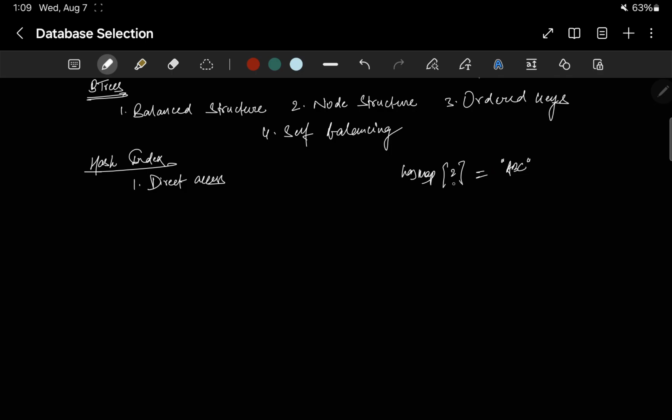What it does is it takes 2, hashes it with whatever algorithm it has, and maps it to a memory location. Next time when you query what is the value of hash map 2, it again does the hash, goes to that memory location, direct access, and gets that. So that's what hash index also does.